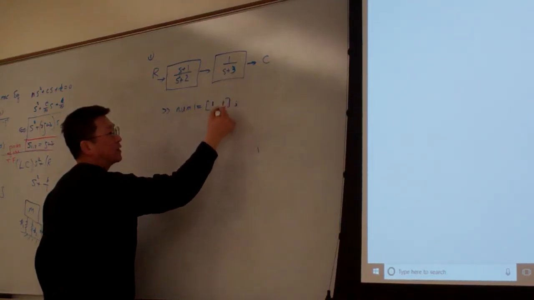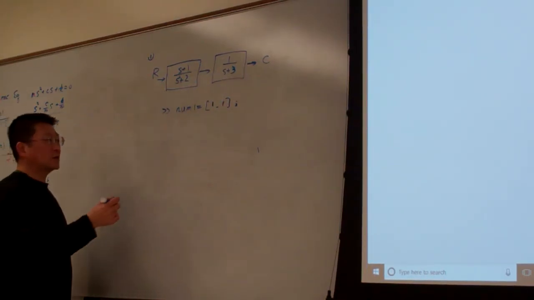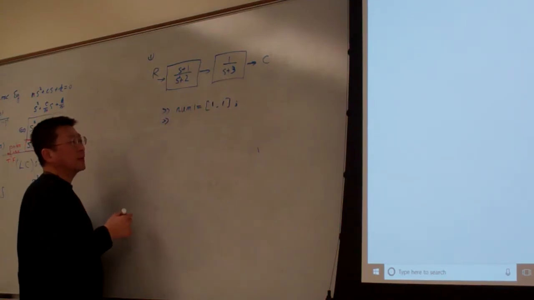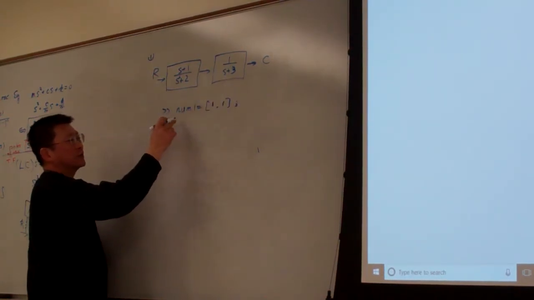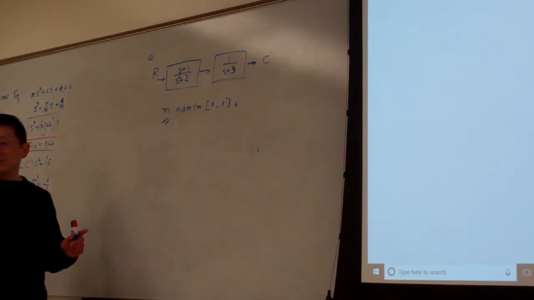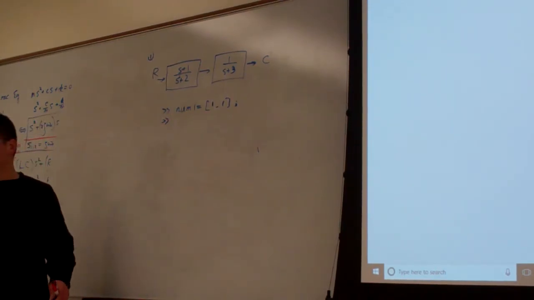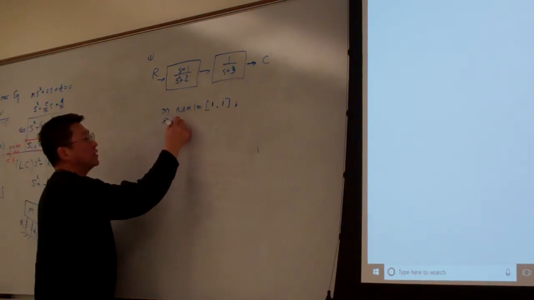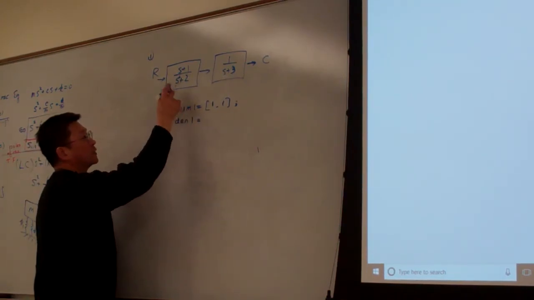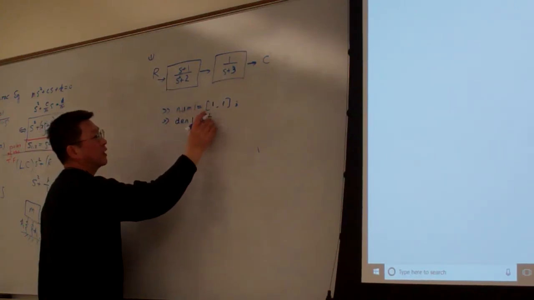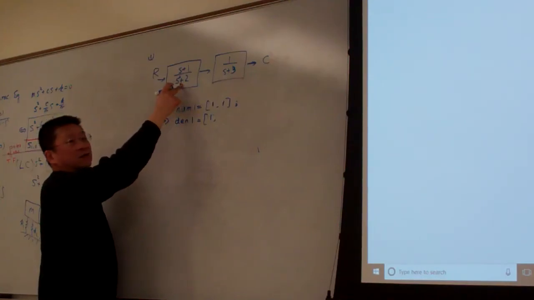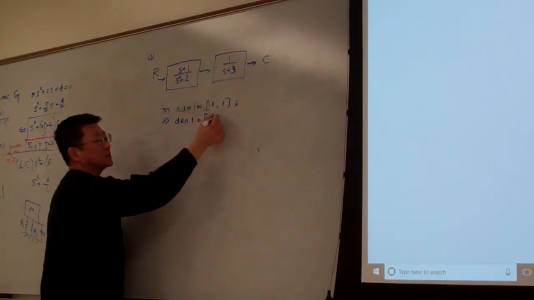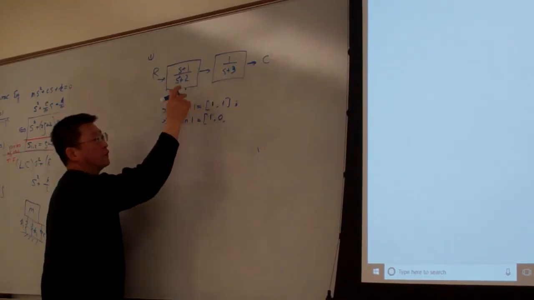You put a semicolon to suppress the display in the next line. Otherwise, if you don't put a semicolon, then once you hit return, MATLAB will display whatever input you give. Okay. So den1, the denominator of this one, basically you put the coefficients 1, then the coefficient for the s term is 0, and then the coefficient for the constant is 2.